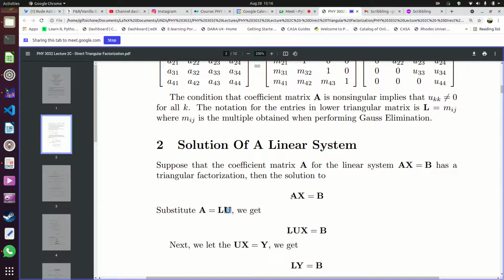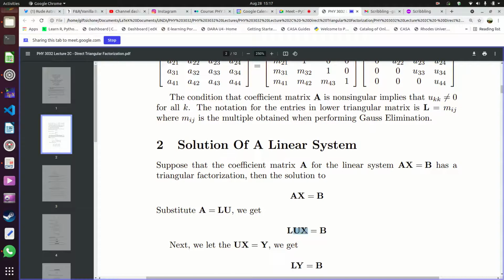So in place of A, we put our lower triangular matrix and our upper triangular matrix, then multiply with matrix X, and we get B.